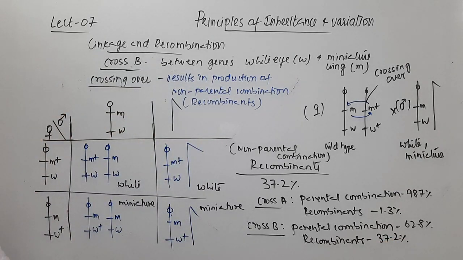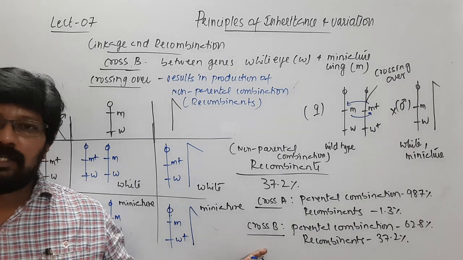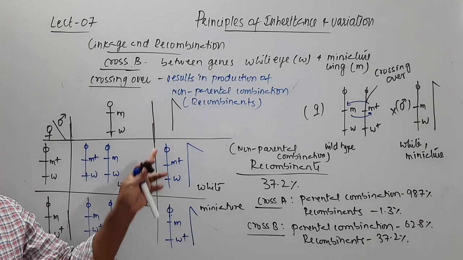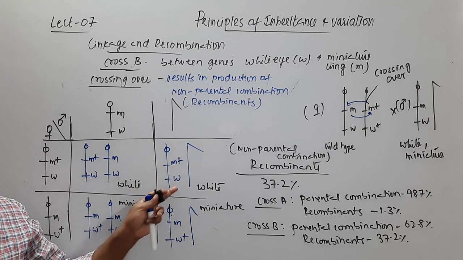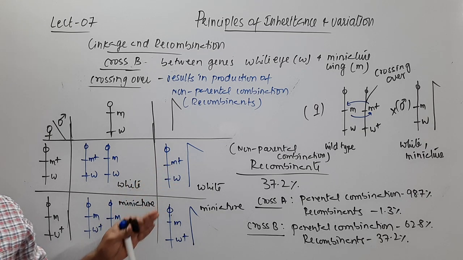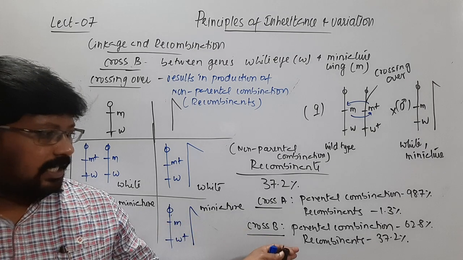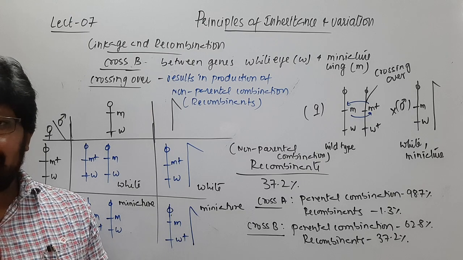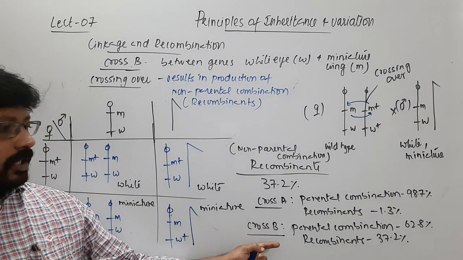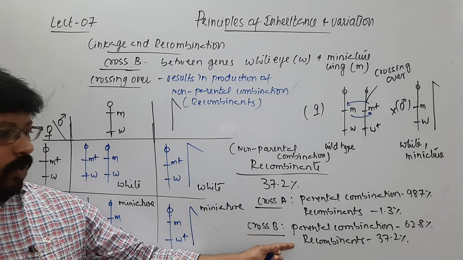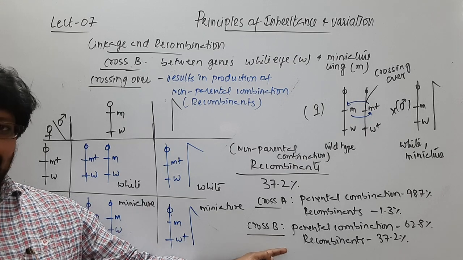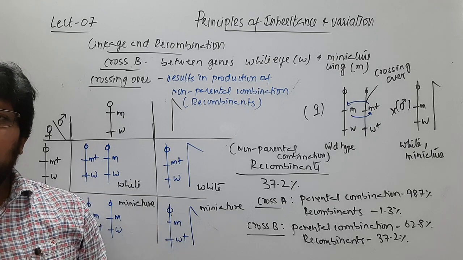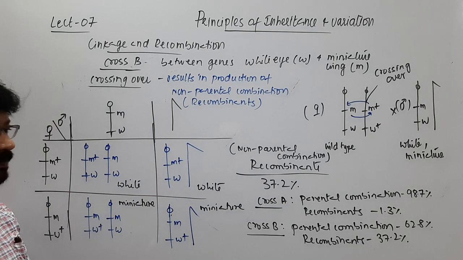So you can see in cross B, between white eye and miniature wing, as the distance between the genes is long, they have easily undergone recombination, I mean crossing over, which resulted in recombination. That is the reason the recombinants were more in cross B. This indicates that the white eye and miniature wing are loosely linked.